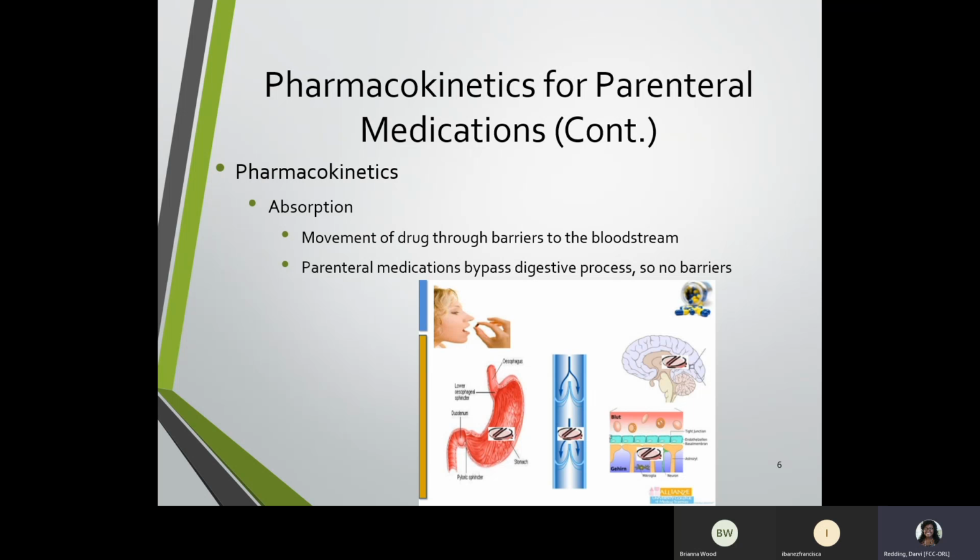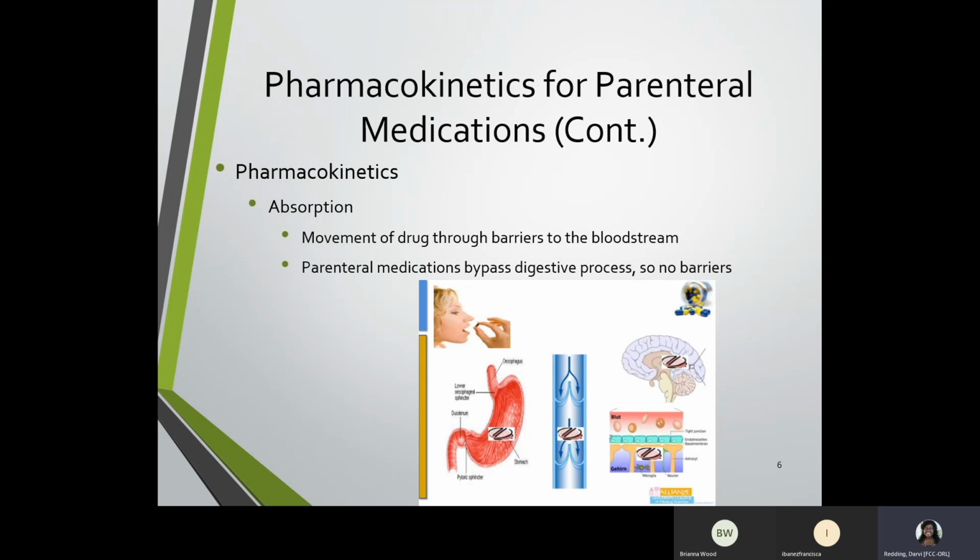So the medicine is going to bypass the digestive process so that it has no barriers. Because if you ingest the medicine, it has to go through the GI tract in order to start working. With medications given parenterally, it goes automatically to the bloodstream, therefore bypassing the digestive process.